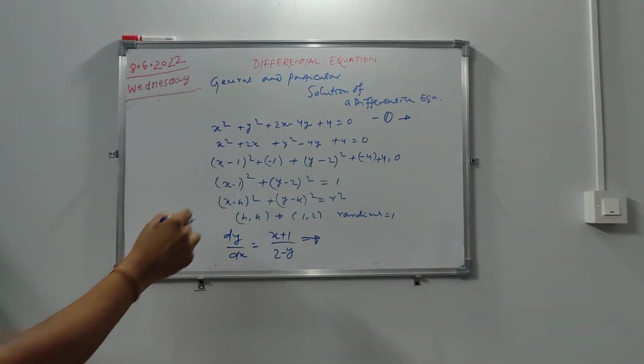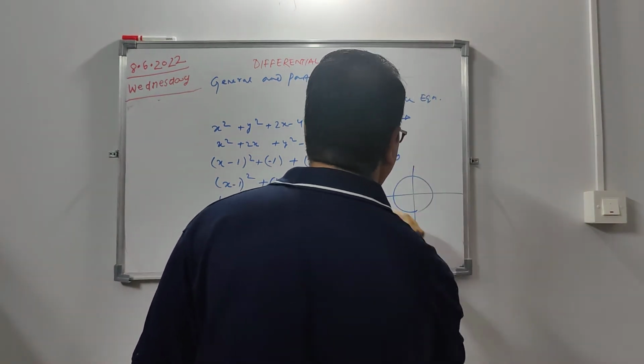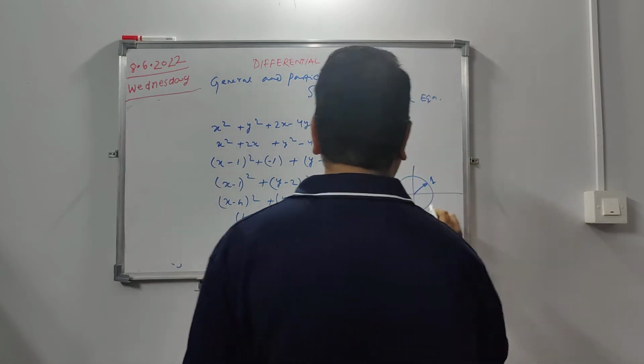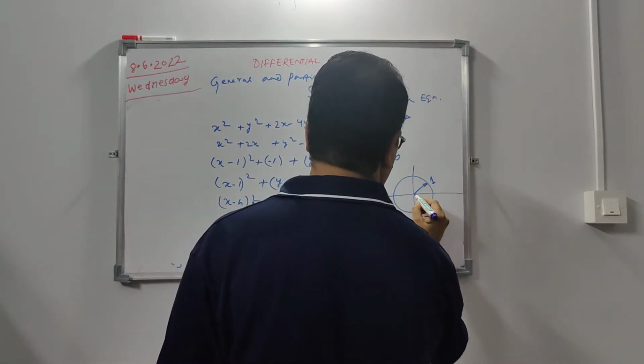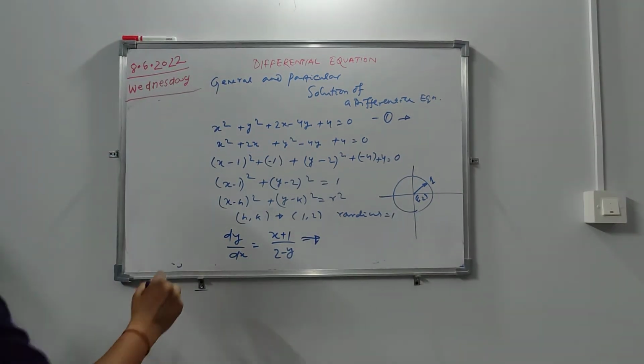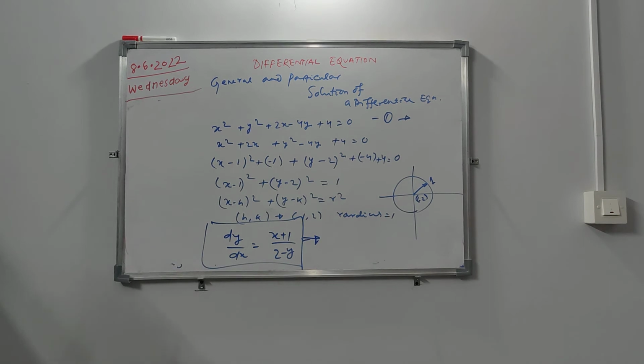What we have got is a circle with radius 1 and center (1, 2). So this is one particular circle, but this differential equation is the equation of a family of circles.